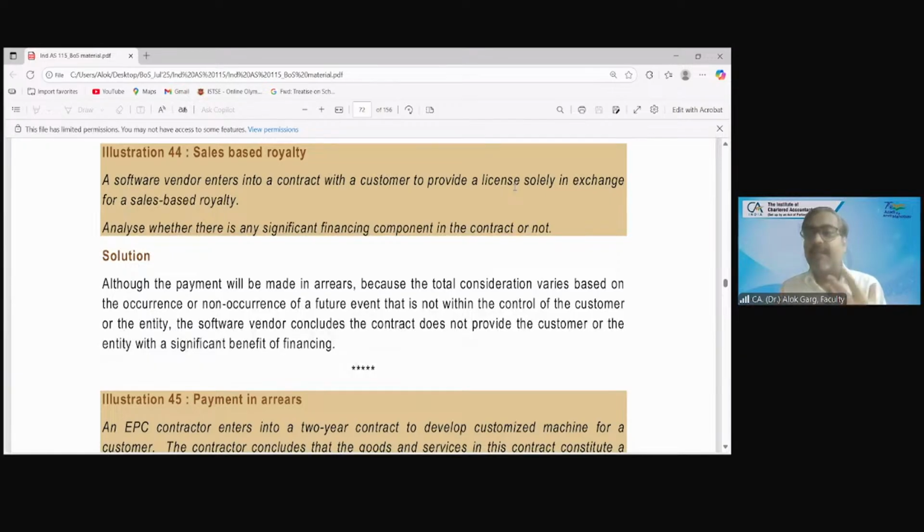When somebody is funding you, that amount is determinable or has already been determined. So in this case, this is not a significant financing component. This is a variable consideration which may vary depending on the quantum of the sales.